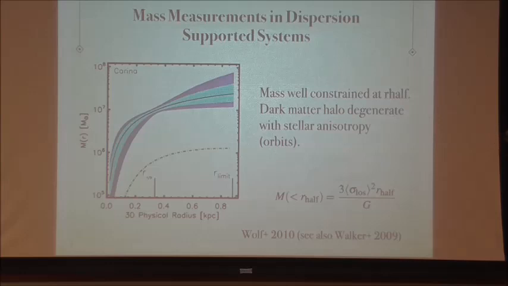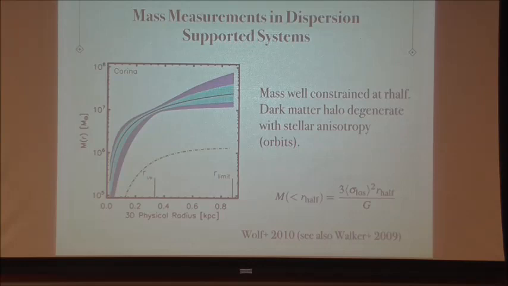This plot is from spherical Jeans modeling, showing the implied mass as a function of radius for the galaxy Carina. Within about a kiloparsec, we have stellar spectroscopy for a large number of stars. I think it's about 700.